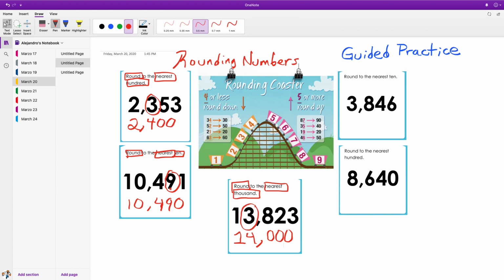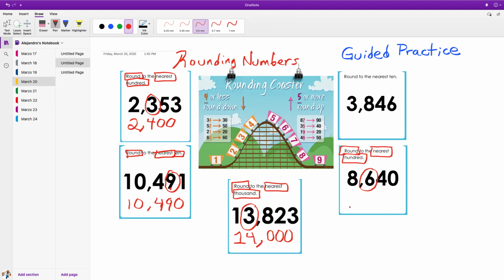So the next one says round to the nearest 100. So keywords right here, round, nearest 100. And the number that I have is 8,640. So I'm gonna find the hundreds first. So these are the ones, tens, hundreds. So I'm gonna circle the digit that is on the hundreds.